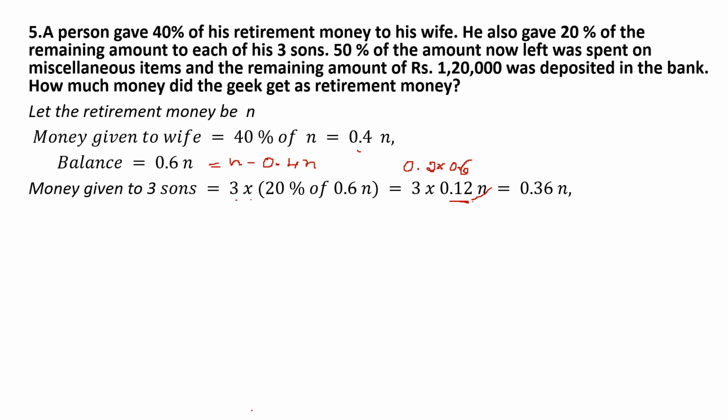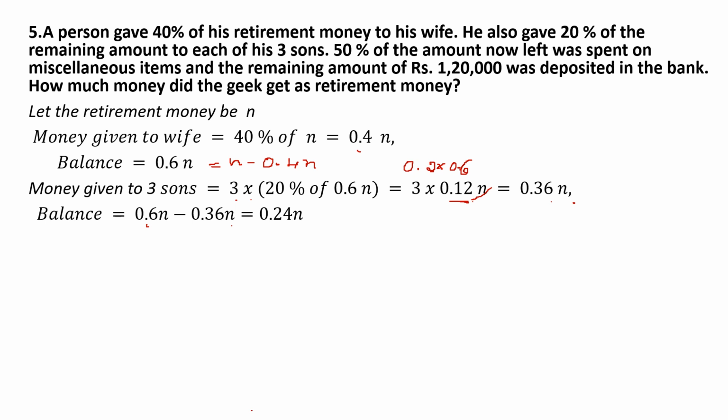Now 3 into 0.12 is 0.36n. So this is the money given to 3 sons. Now what is the balance? From 0.6n minus 0.36n, that is equal to 0.24n.